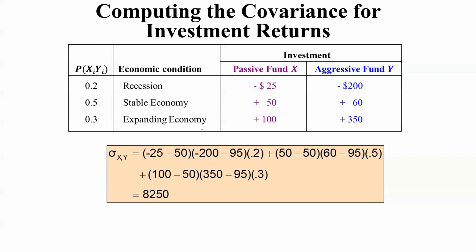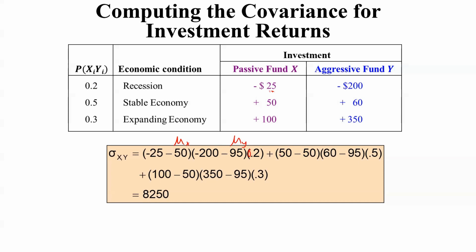Minus 25, subtract the expected mean value of 50, this is the mean of X. And then 200, the value of the aggressive fund Y, minus the expected mean value of Y, multiplied by the corresponding probability, which is 0.2.